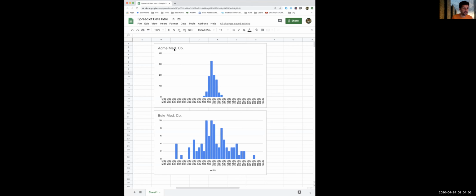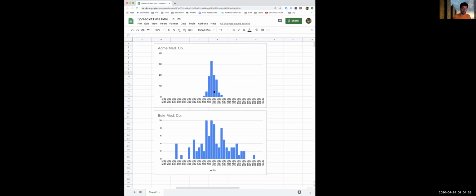Acme is on top, Beaker is on the bottom, and notice that the horizontal scales are the same, so you can see the corresponding values below each other. The vertical scales are a little bit different, and we'll see why in just a second when we start digging a little deeper.